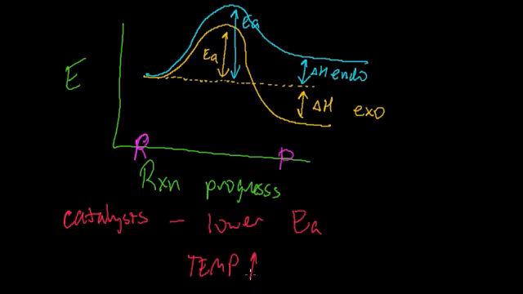We don't need to go into it, but for every 10 degrees C you raise your reaction, you're going to see about a twofold increase in the rate, the speed of the reaction. We're talking about kinetics there.